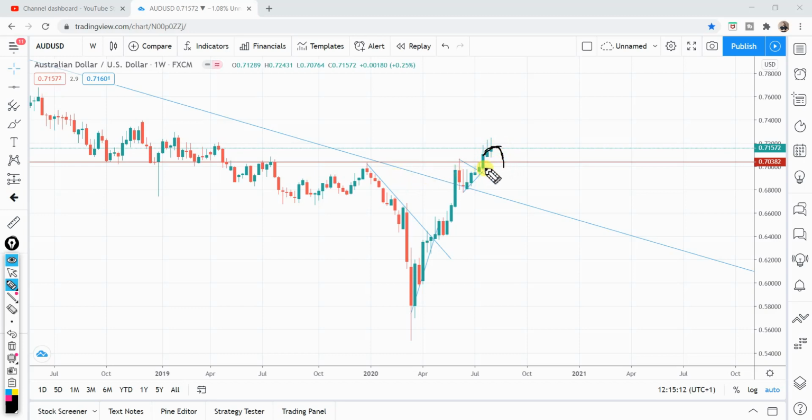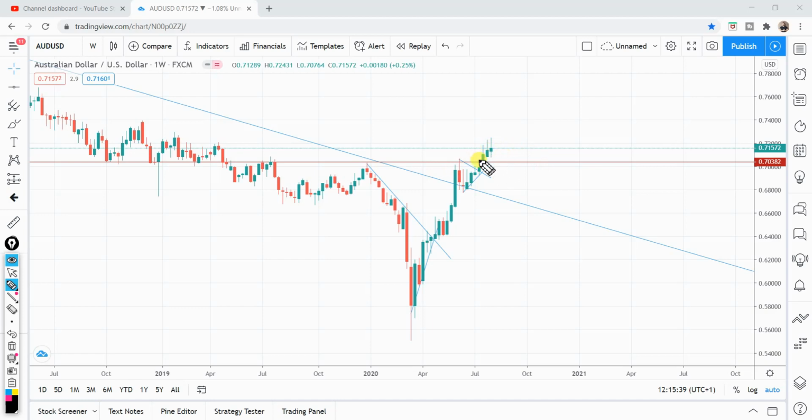That's actually what I'm awaiting, and we can get both sides because the pip range is pretty decent. It's around 100 pips. I have this horizontal line here, around the 0.7040 zone, which gives us just over 100 pips from where the price is currently. So we're going to see when the market opens if we have any gaps.